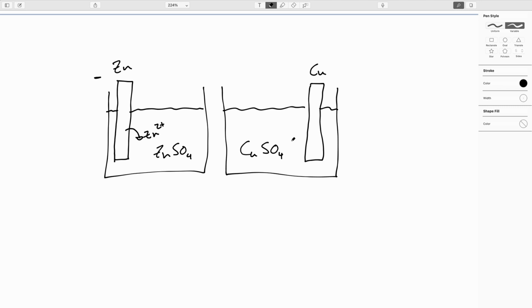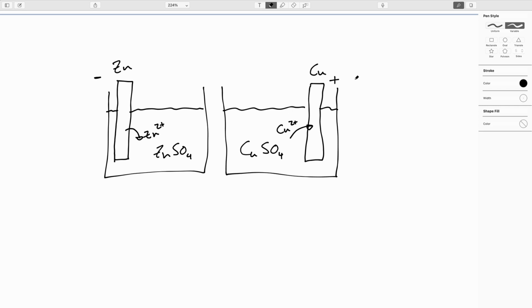We then go ahead and look at the copper side here, and again, it's the same deal. Like we were saying before, the copper ions will generally want to come out of solution and plate onto this electrode here. And so here I took positive ions off, leaving behind negative charges. Here I'm putting positive ions on, building up positive charge.